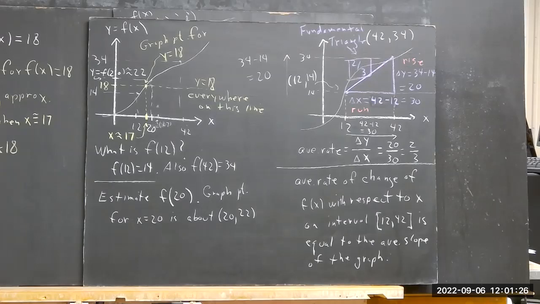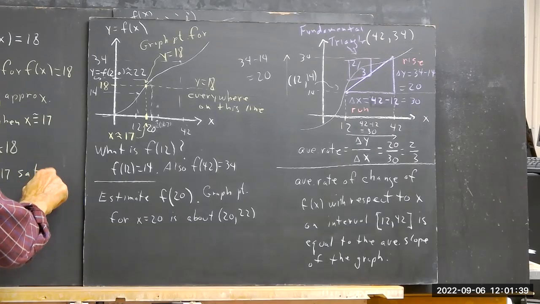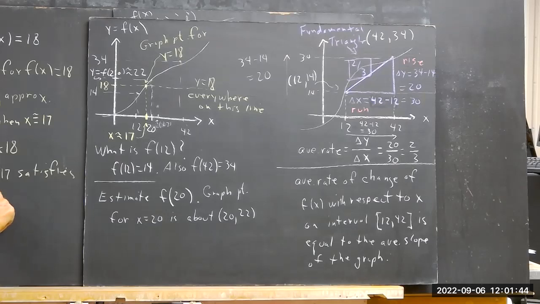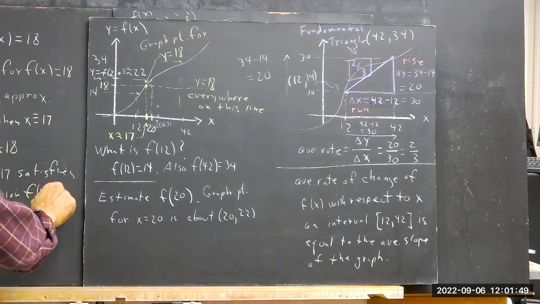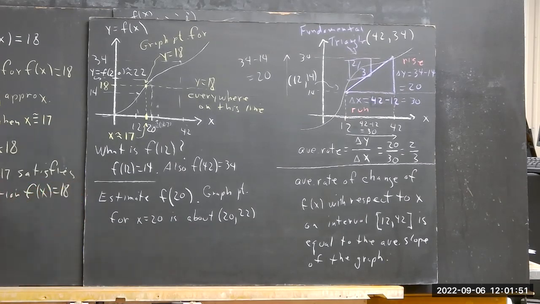So f of 17 is approximately 18. So x equals 17 satisfies the equation f of x equals 18 because when you plug x into the equation, you get a true, or approximately true, statement.